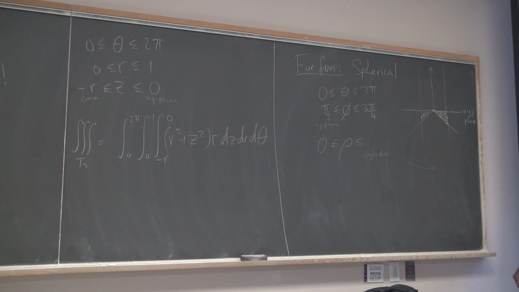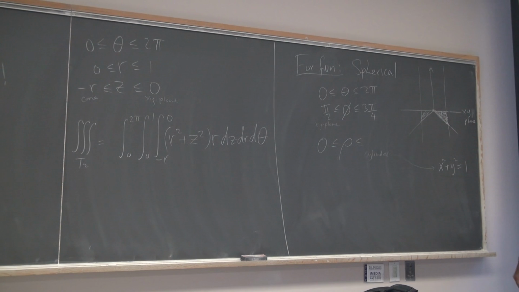X squared plus y squared equals 1, that's the cylinder. That's the surface I care about. The cone is z equals negative square root of x squared plus y squared, so you could just make that 1. But that wouldn't help. This surface is irrelevant, right? The distance is always measuring to the cylinder. The cylinder is the guy I care about. What do I do with it?